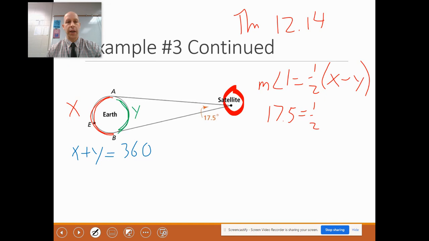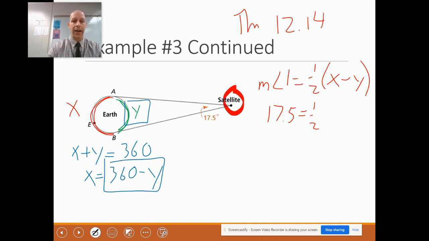Now I can use the substitution property, and we're trying to find y. So I'm going to do x equals 360 minus y. So I can write x in terms of y.